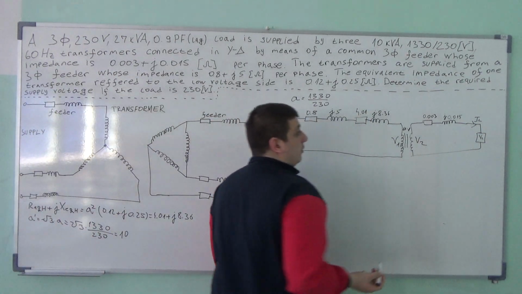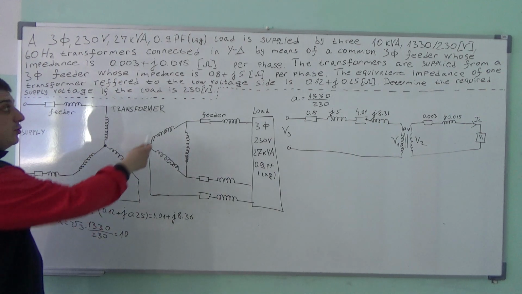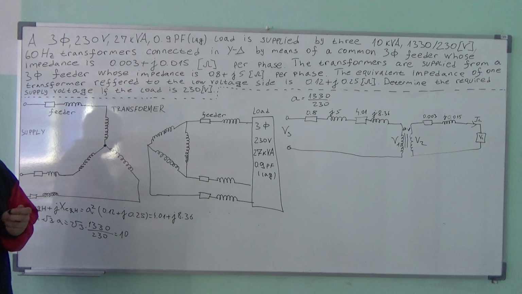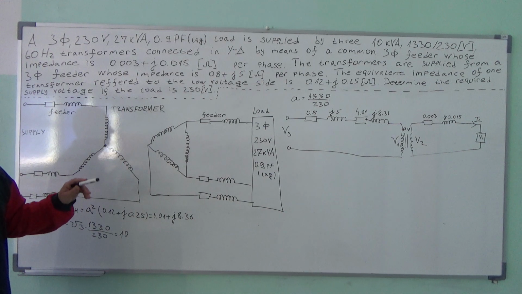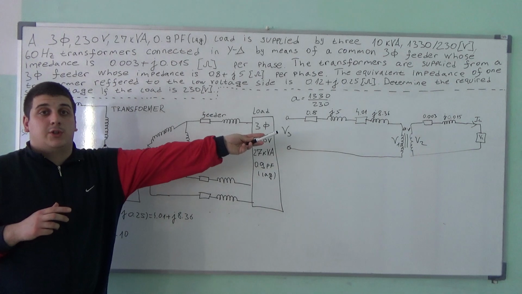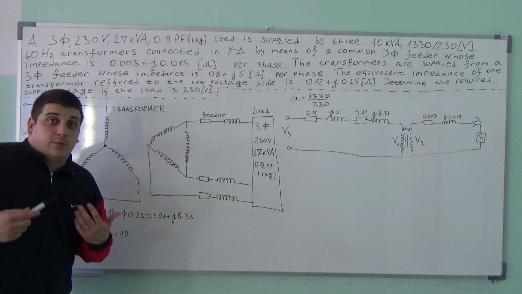So first of all, what is the load voltage? Do you think the load voltage now is 230 volts? Think about it. I'll give you 5 seconds, or stop the video and think: what is the load voltage on the output? It is not 230 volts. Why?